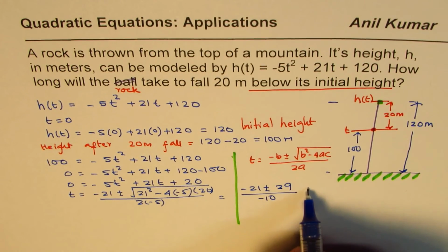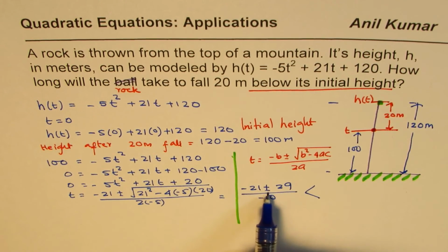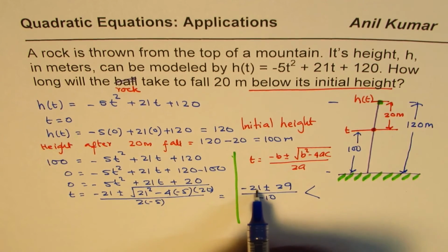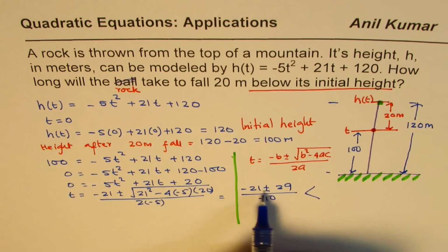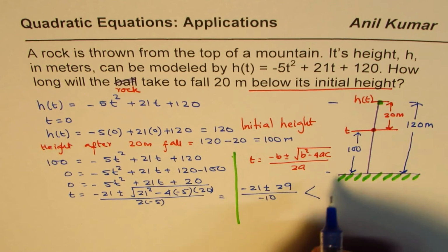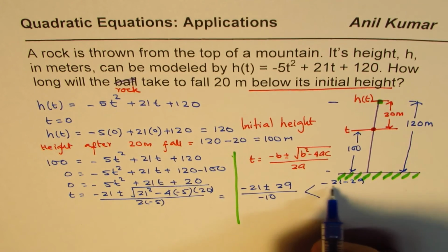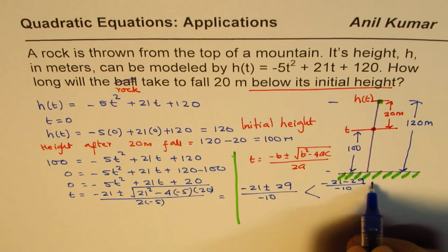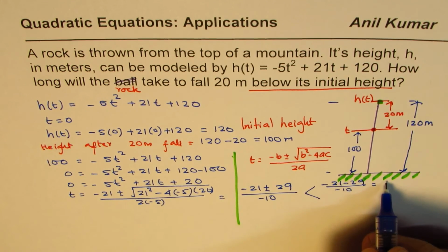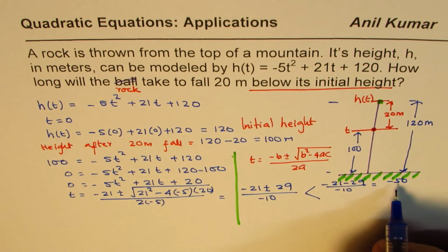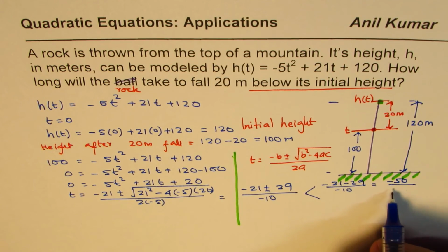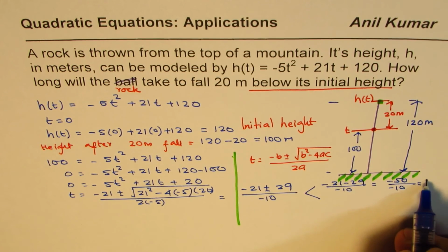Now that could give you two values, one with negative, one with positive. If you use negative value, then what do we have? The negatives add up, right? So it is 50, right? So we can write this as minus 21 minus 29 divided by minus 10, which is minus 50 divided by minus 10, and that is plus 5.